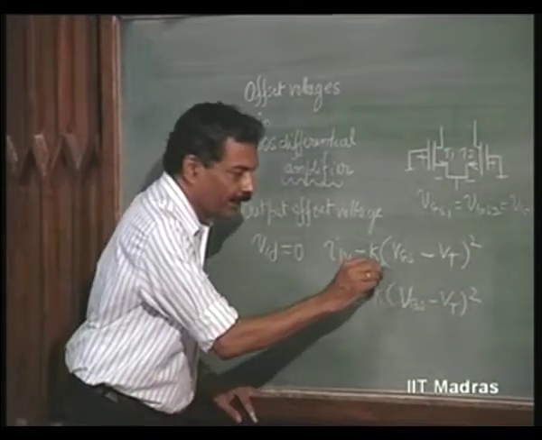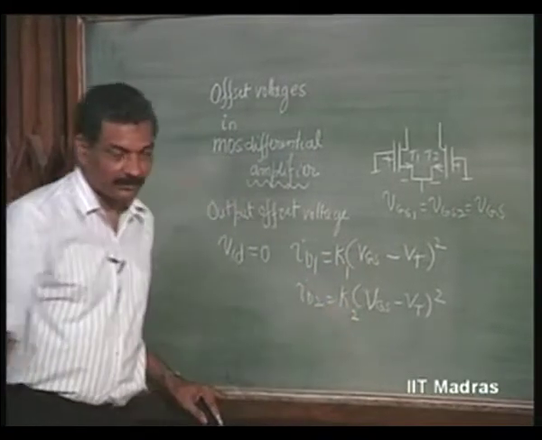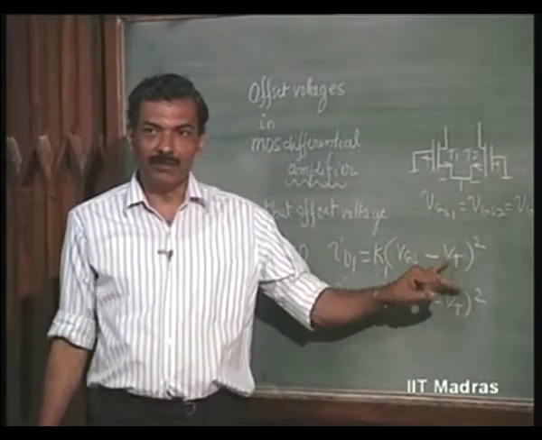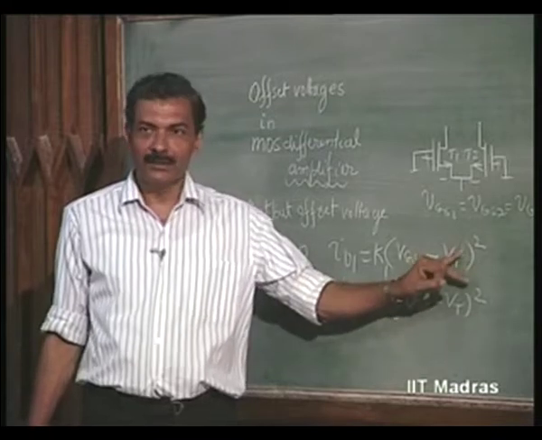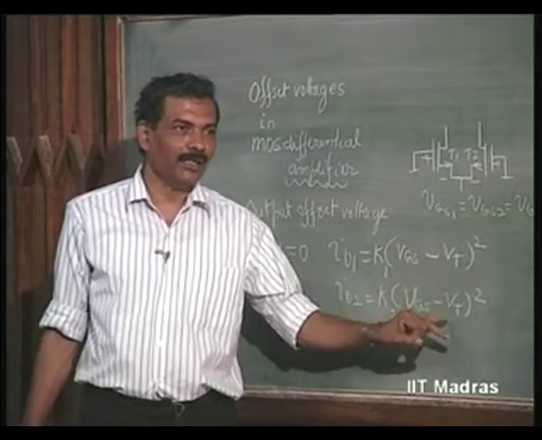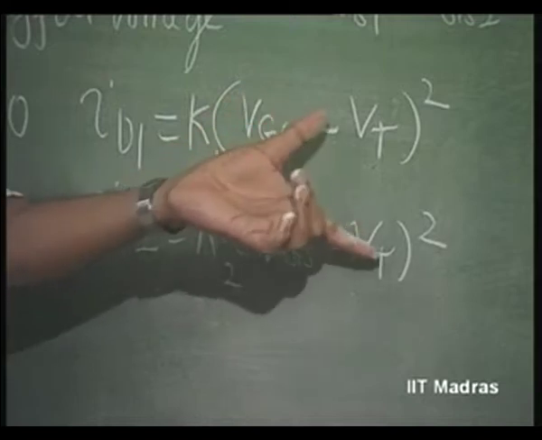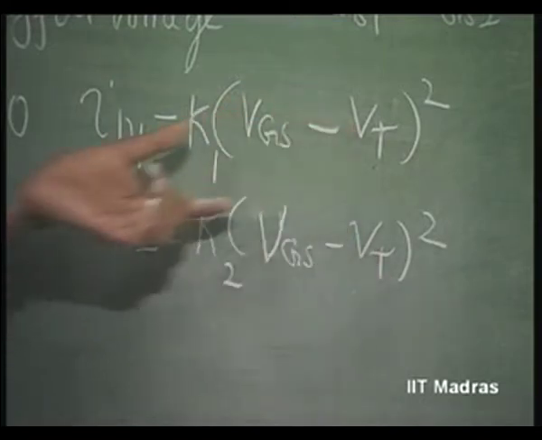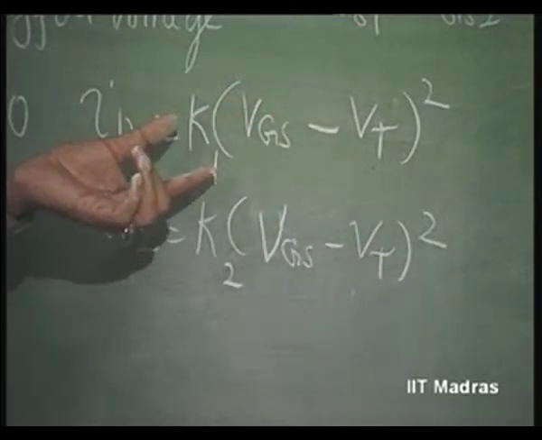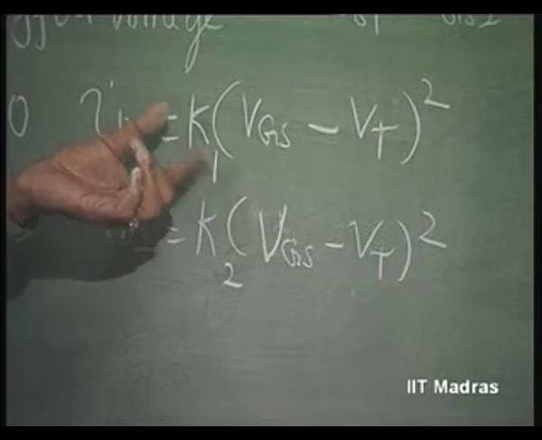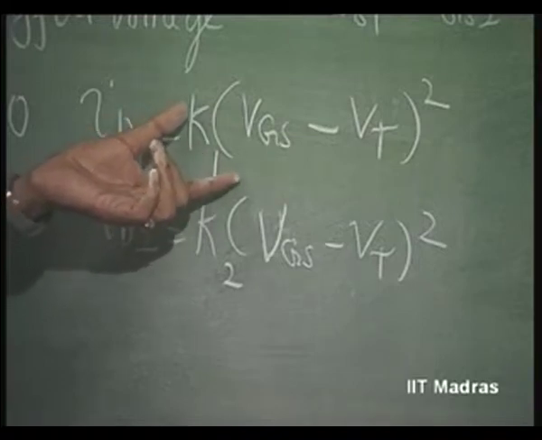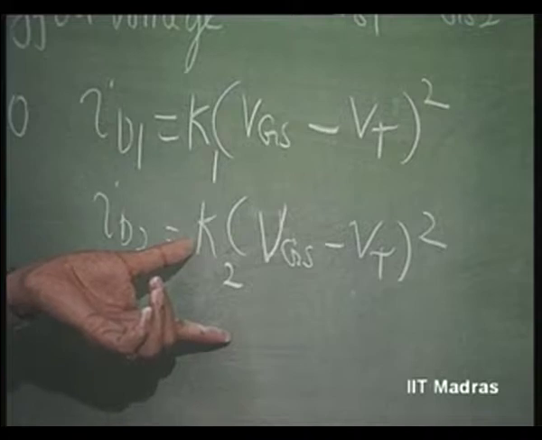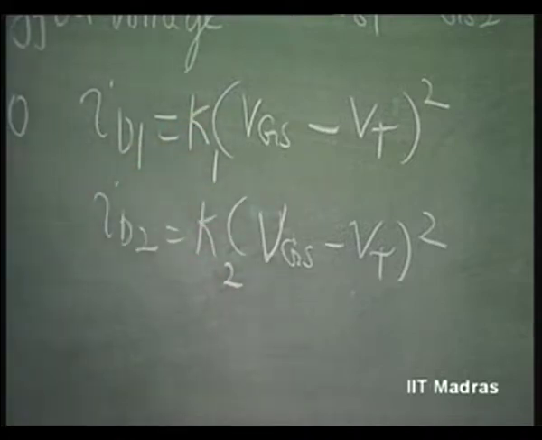They can have K as K1 and K2, and of course, VTs also can be VT1 and VT2, but we are assuming that the threshold voltages are the same. Threshold voltages are process dependent, and K is process dependent as well as geometry dependent. We are assuming that there is a mismatch only in geometry. So, K1 and K2. Then we know that ID1 is different from ID2.